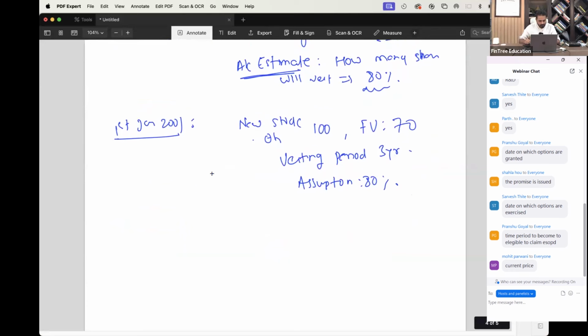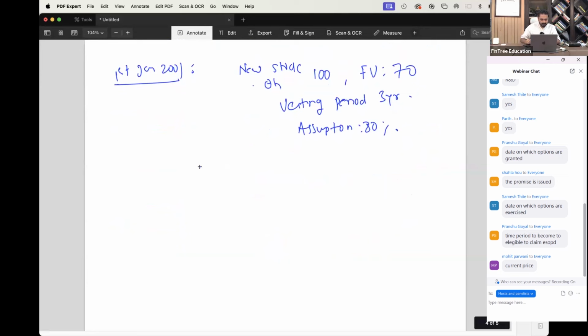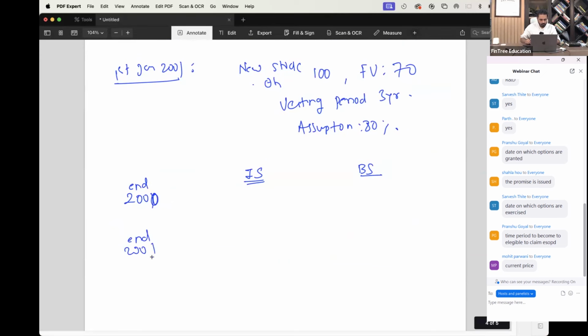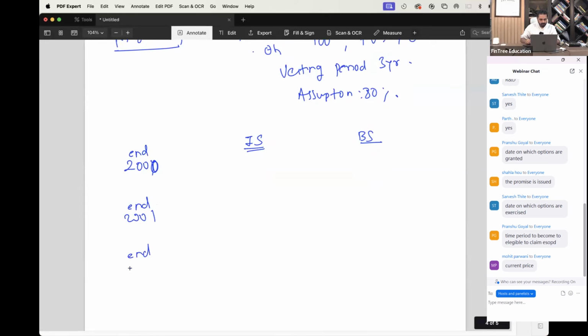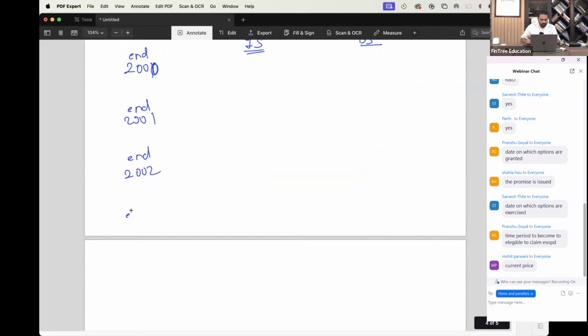All right. Now based on this information, I want you to figure out what will be the income statement and balance sheet treatment for year ending 2000, year ending 2001, and year ending 2002 for each of the situations. In fact, let's go a little longer. Year ending 2003.